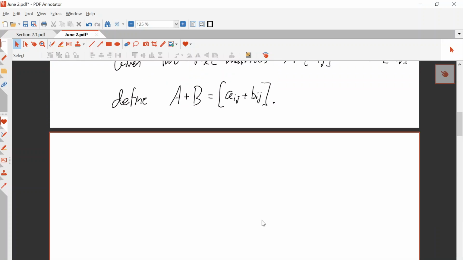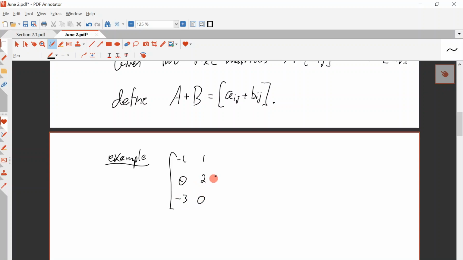So, for example, we had minus 1, 1, 0, 2, minus 3, 0, so that's a 3 by 2 matrix, plus another 3 by 2 matrix, 0, minus 2, 3, 5, 1.